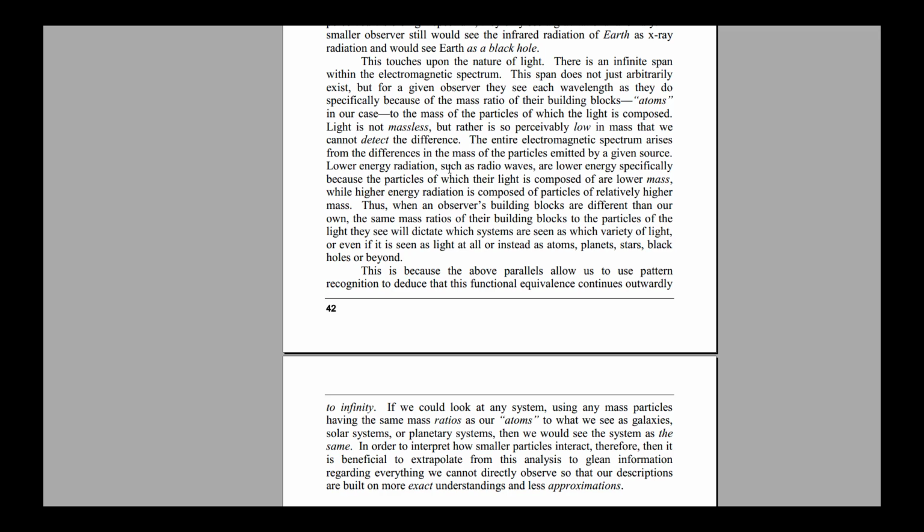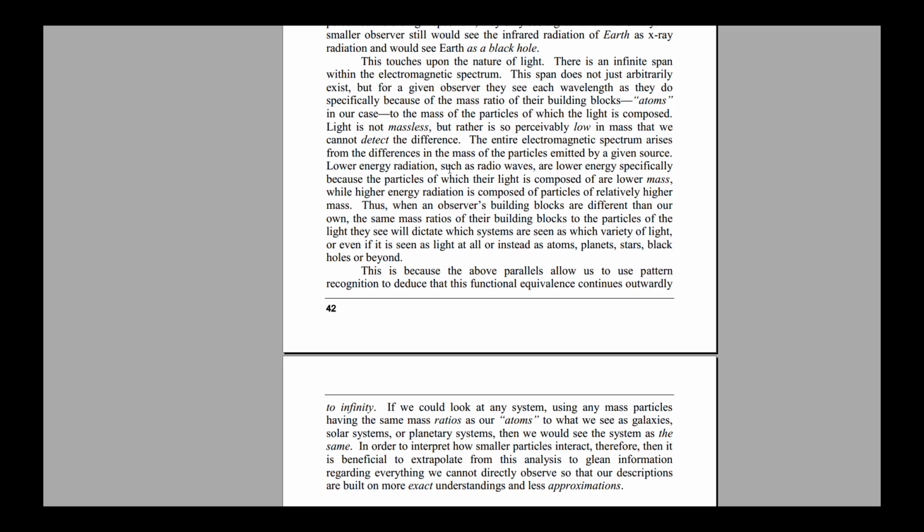The entire electromagnetic spectrum arises from the differences in the mass of the particles emitted by a given source. Lower energy radiation, such as radio waves, is lower energy specifically because the particles of which the light is composed are lower mass, while higher energy radiation is composed of particles of relatively higher mass.